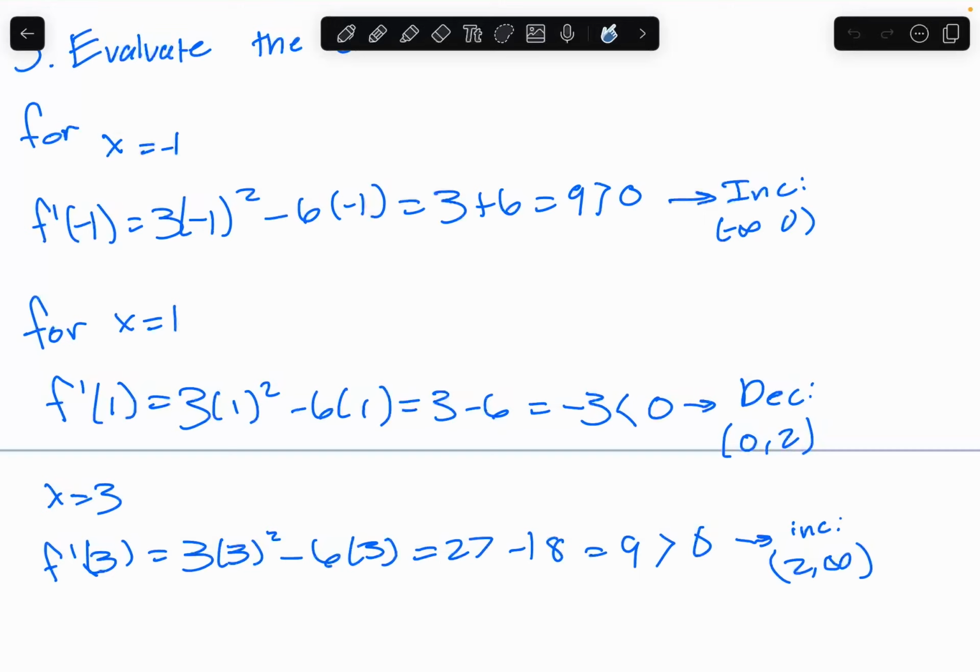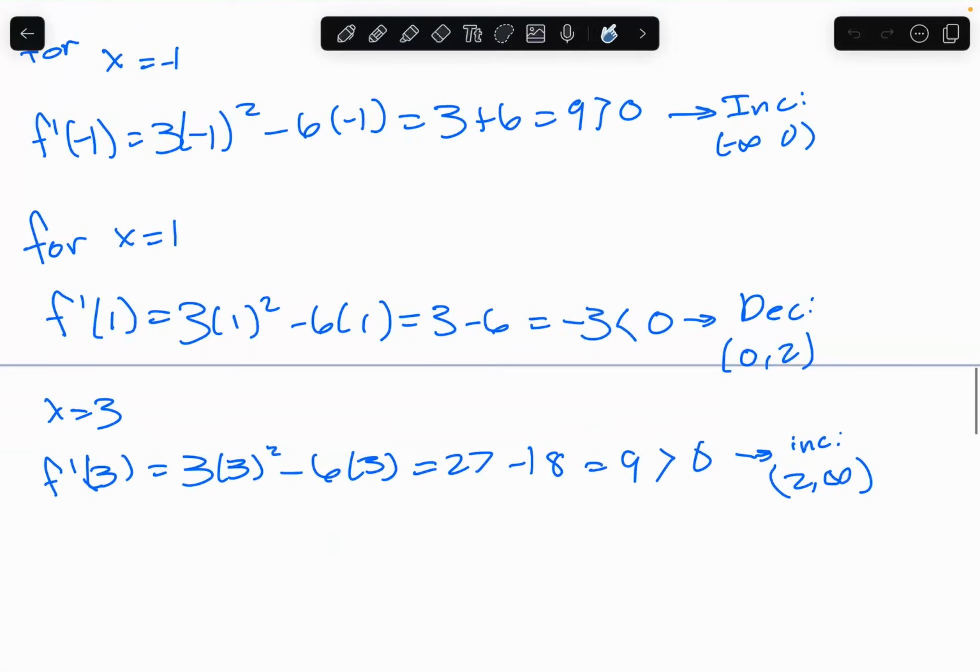And we have determined that the interval 0 to 2 is decreasing because negative 3 is less than 0. Understanding how to find intervals of increasing and decreasing values allows us to better analyze and interpret the behavior of functions. Thank you for your attention, and I hope this helps clarify the concept of increasing and decreasing intervals. Thank you.